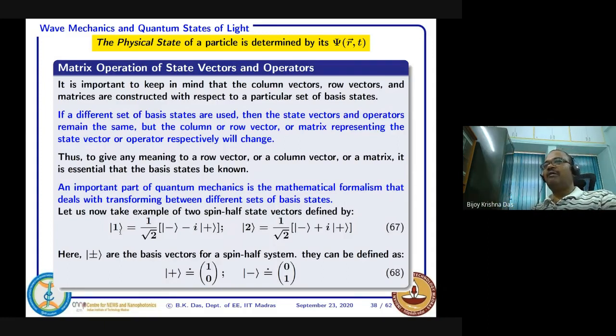Similarly, whenever you are considering a photon, though it has no mass, it is like a quantum particle, and you can do some kind of Gedanken experiment here as well, that the photon is stuck somewhere.